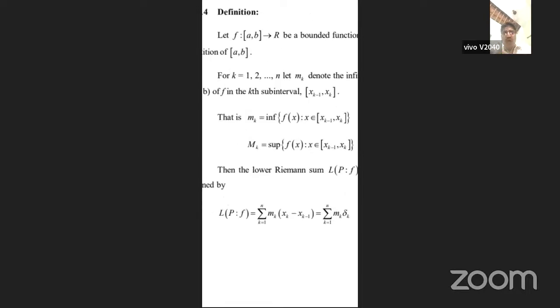Just see here. There are two types of Riemann sums: lower Riemann sum and upper Riemann sum. The lower Riemann sum, or lower partition of f, is defined through the infimum.